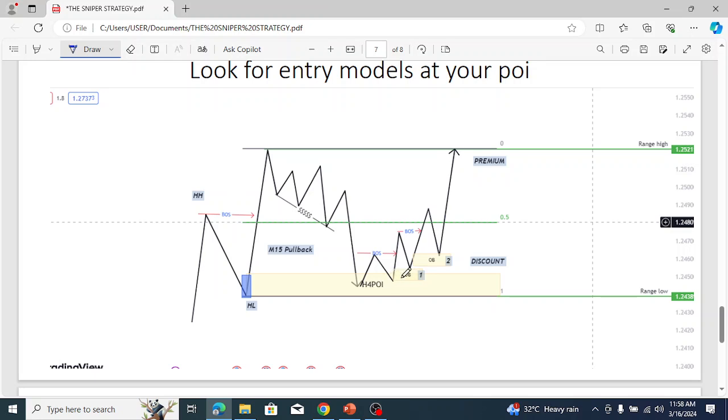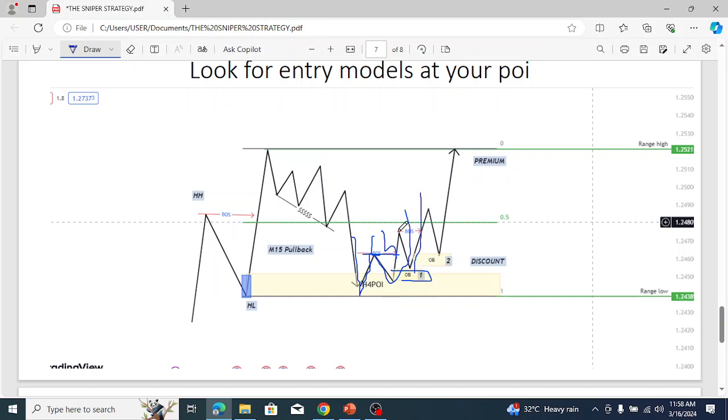I have the risk entry and I also have the confirmation entry. The risk entry is when the market gives you the first break of structure to the upside, which other people call change of character. Then you look for entry here.